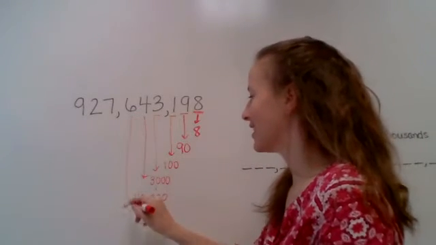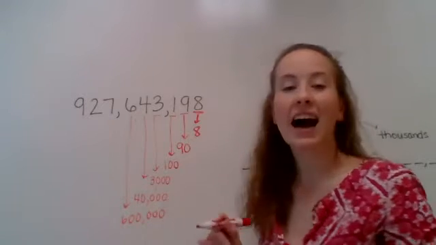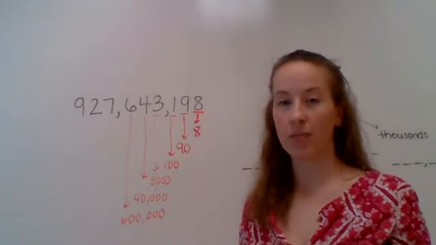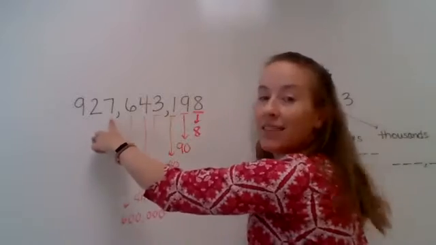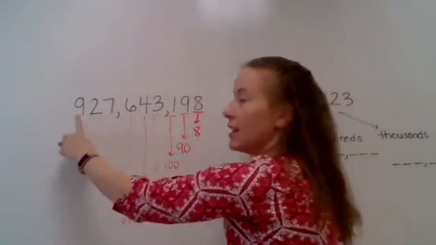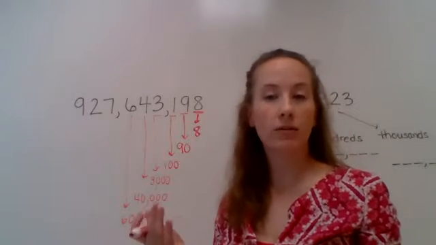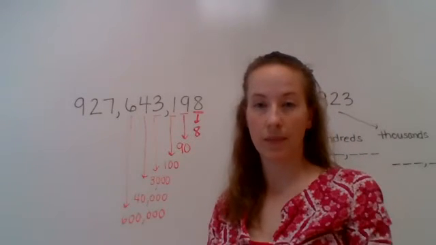The 6 is worth 600,000. And I could keep doing this for the rest of the number, but for now I'll just say it. The 7 is worth 7 million, the 2 is worth 20 million, and the 9 is worth 900 million. So there's a quick refresher about place value in whole numbers.